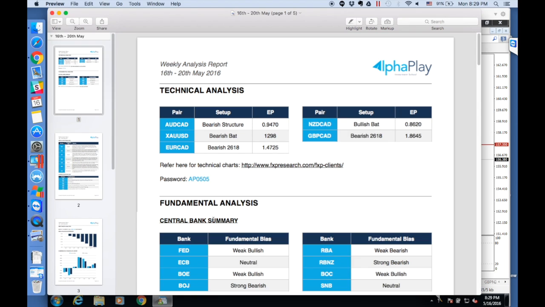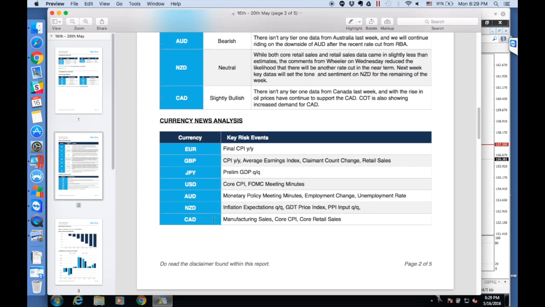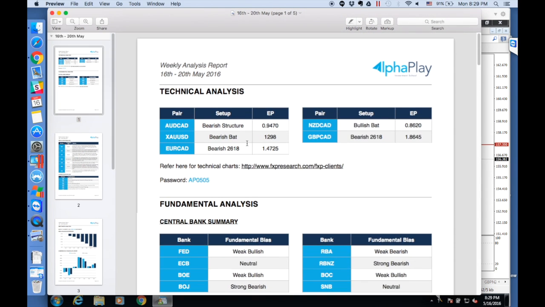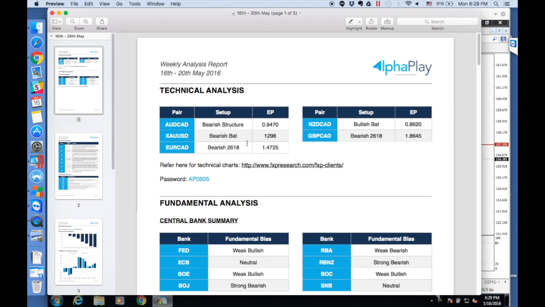But if you look at Euro CAD, Euro just now we looked at is neutral. So the key driver here is still CAD, until Euro comes in with their GDP, if I'm not wrong, let's check. Right, final CPI. So when this final CPI comes out, then Euro will be the driver of this currency pair. But as of now, because Euro is neutral, CAD will be the driving factor.